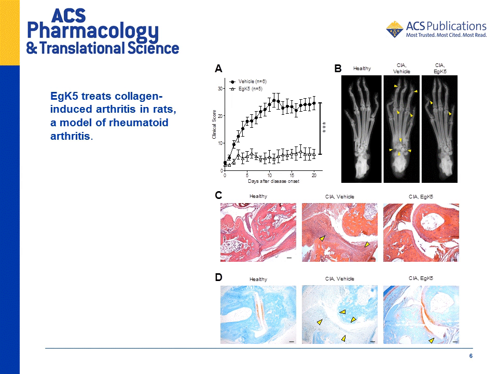And as you can see from the graph on the top left, EGK5 treatment dramatically reduced the clinical score of disease. The pictures on the right show that it reduced bone erosion determined by X-rays, and the histology sections show that EGK5 treatment reduced inflammatory infiltrate into joints, reduced cartilage damage, and reduced bone destruction.